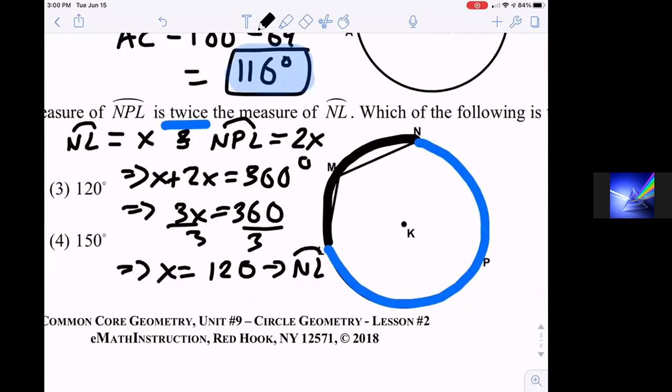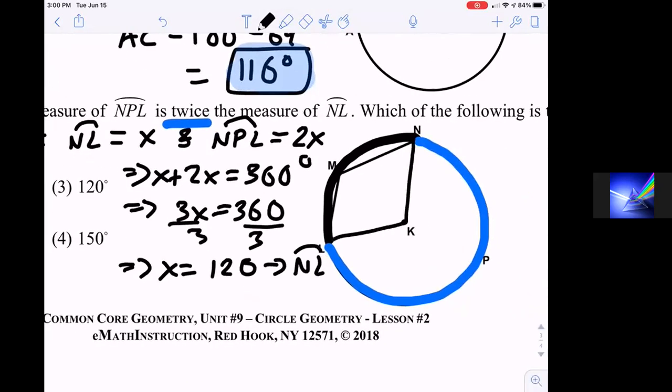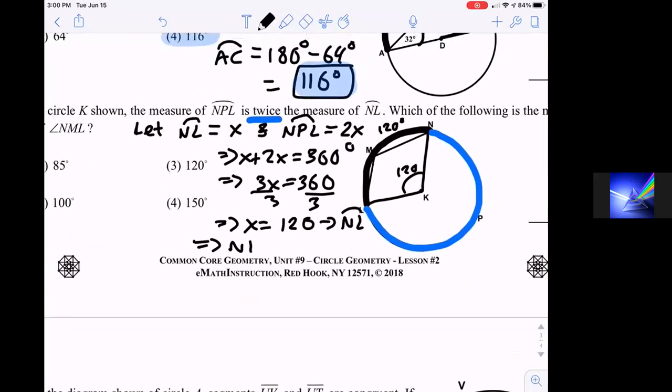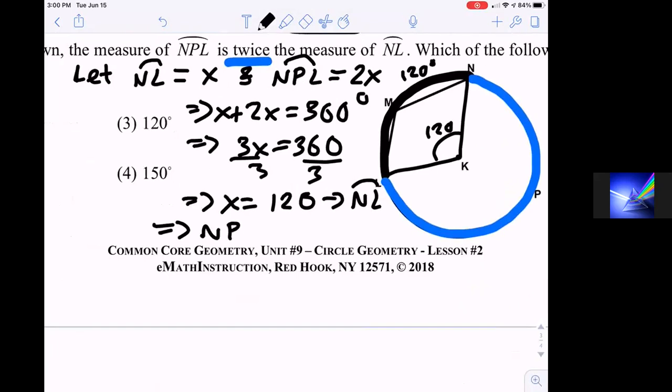So NL is 120 degrees. That's 120. That's 120. But it also means that arc NPL is equal to 2 times 120, which is 240 degrees.